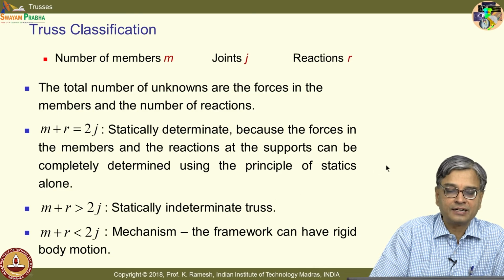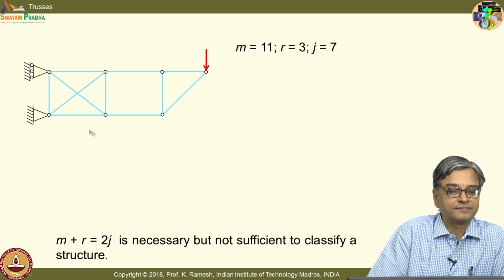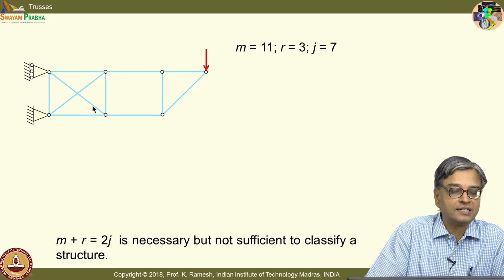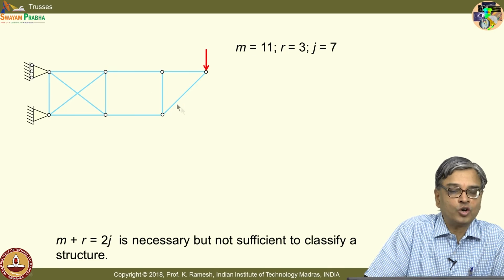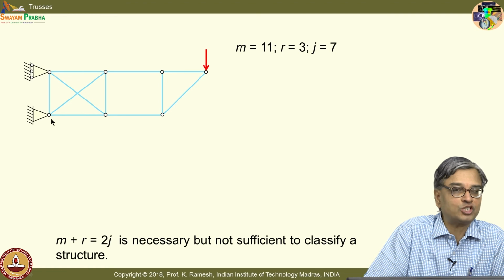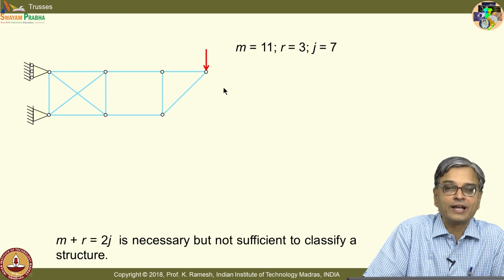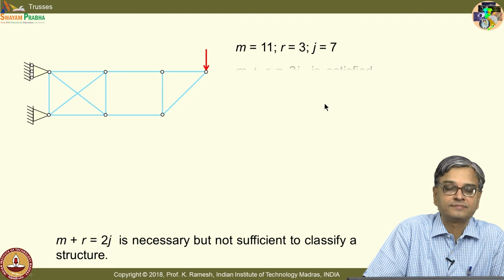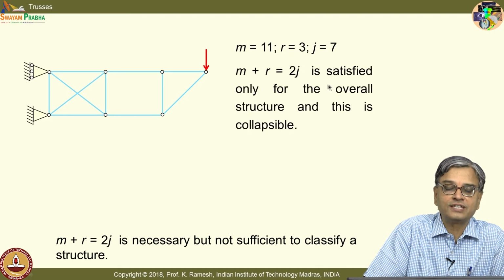Suppose I take a truss like this. I have the number of members as 11: 1, 2, 3, 4, 5, 6, 7, 8, 9, 10, 11 members. How many joints do I have? I have 1, 2, 3, 4, 5, 6, 7 joints. And I have one side supported by a pin joint, the other side supported by a roller. So, m plus r equal to 2j is satisfied.